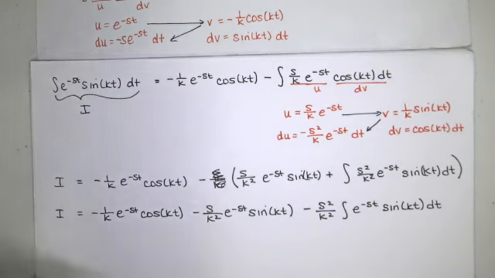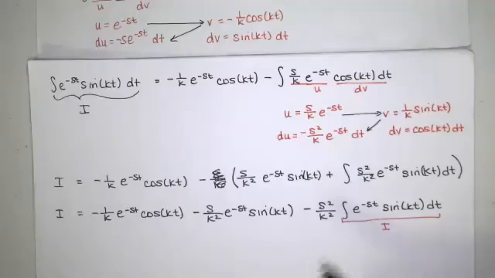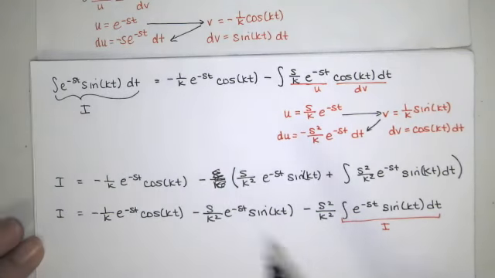Okay, so this is my I. Now, if I'm trying to get I by itself, and I am, because I'm trying to evaluate this integral, I'll add this to both sides.